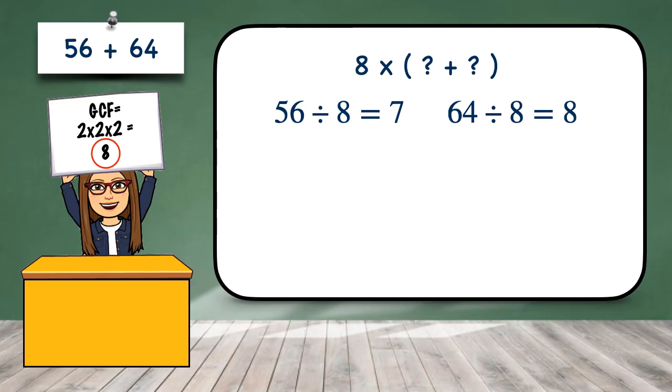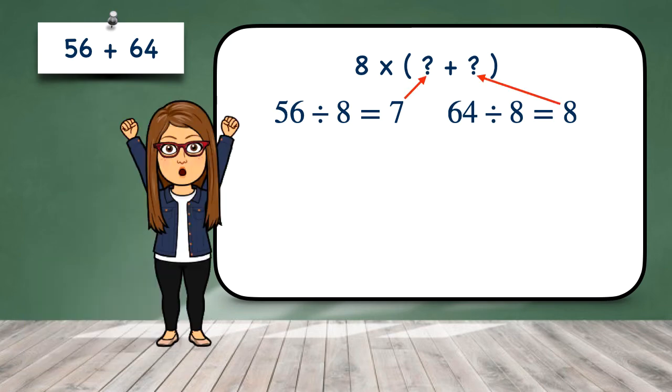Remember, 8 was the greatest common factor of 56 and 64. So I am dividing both of those numbers by their greatest common factor to see what would be left. And what is left over goes inside the parentheses. You can see an arrow from 7 to that first addend and from 8 to the second.